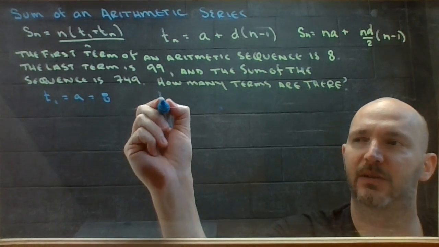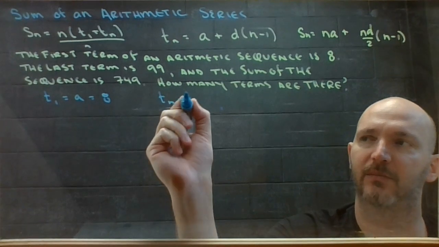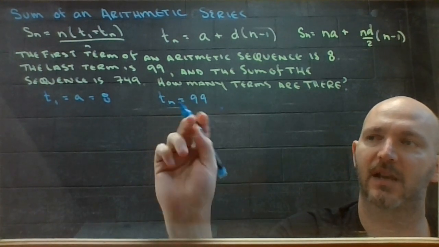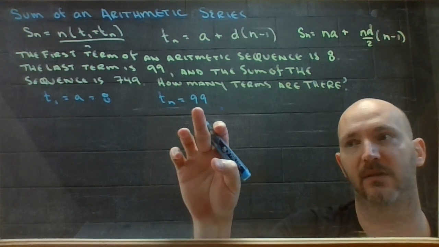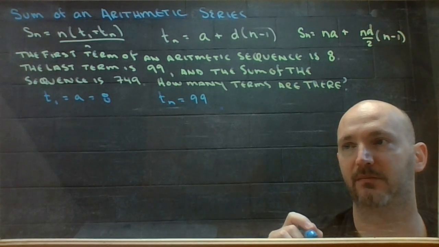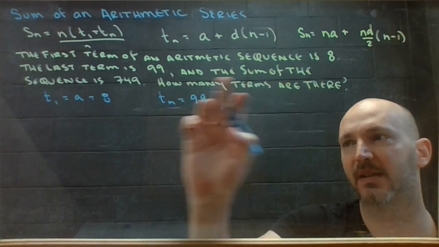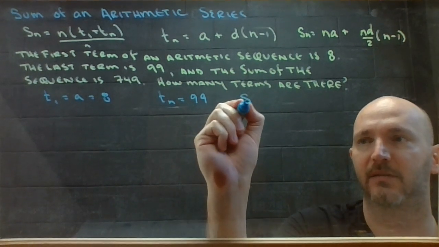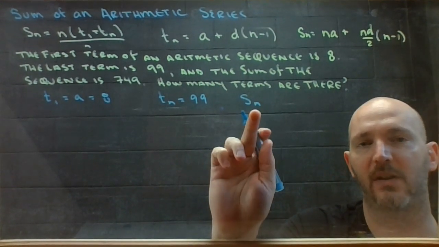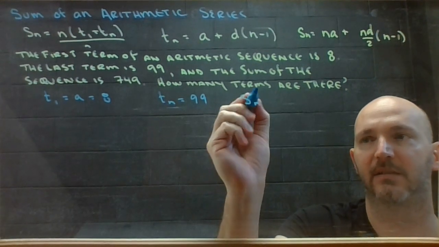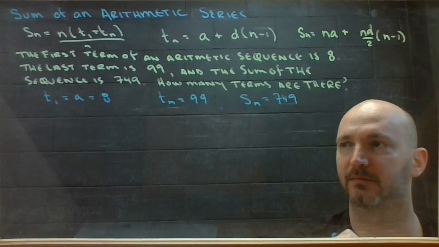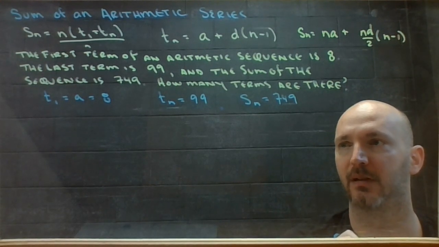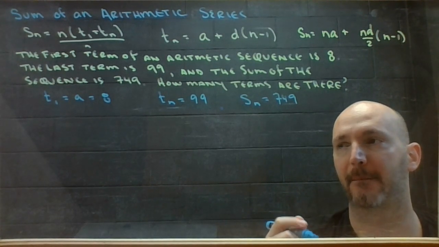So that's Tn. Some unknown term at the end of the sequence is 99. And I have that the sum of the sequence, again, I don't know how long it is, so it's just Sn, is 749. How many terms are there?